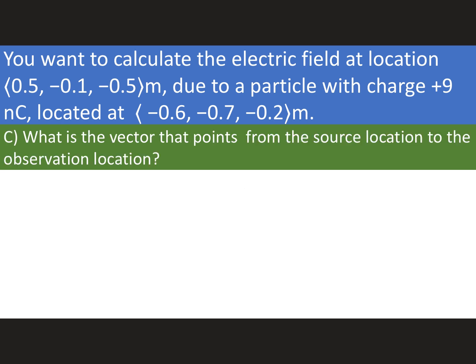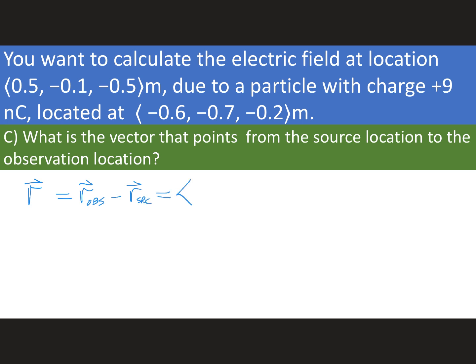All right, continuing on. Part C, what is the vector that points from source to observation location? Well, we like to use R, you might remember, and S for position labels, because P was used for momentum and stuff. So this is going to be R observation minus R source. I'll just leave it that way.